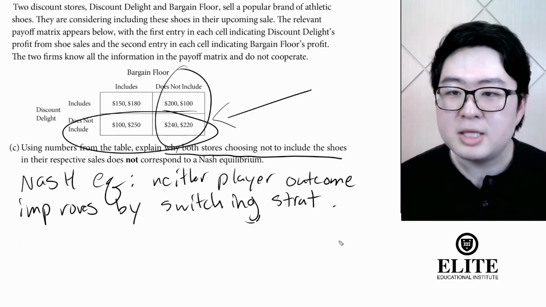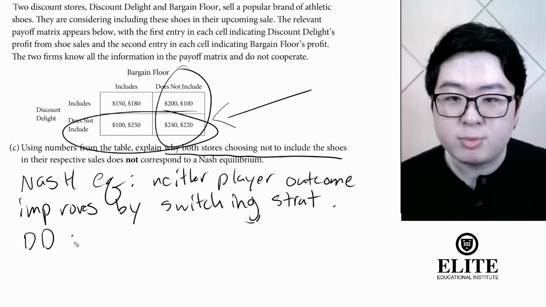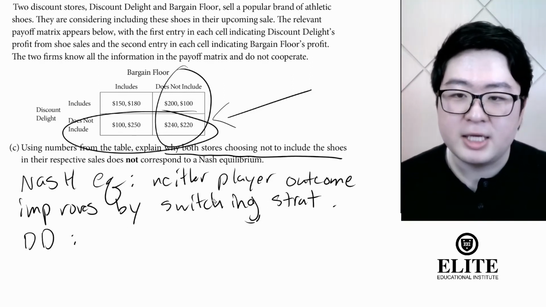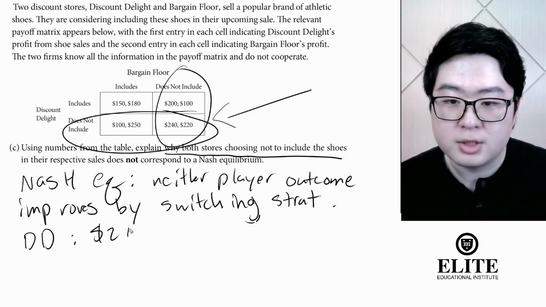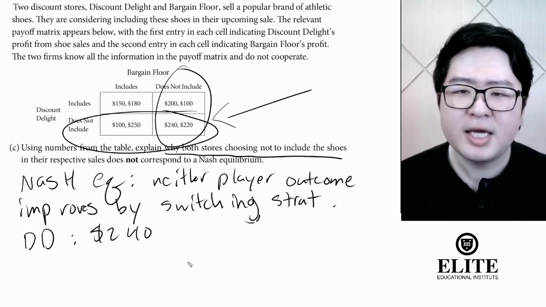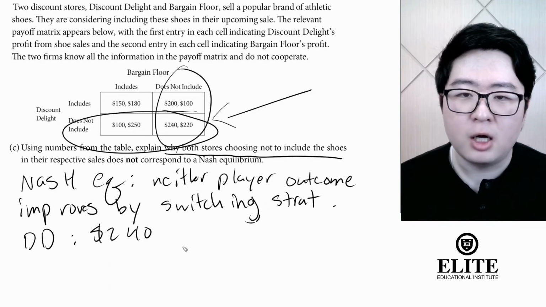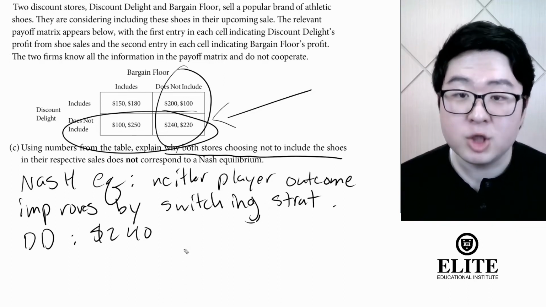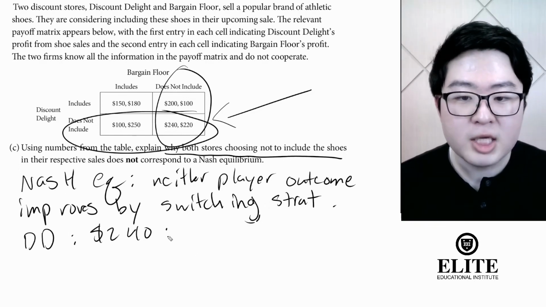So let's take the case of discount delight first. Discount delight's profit here in the does-not-include cell is going to be, of course, $240. And we want to think to ourselves, well, can that get any better? If discount delight chooses to switch strategies, will that profit go up, assuming, of course, that bargain floor continues to keep the does not include strategy?